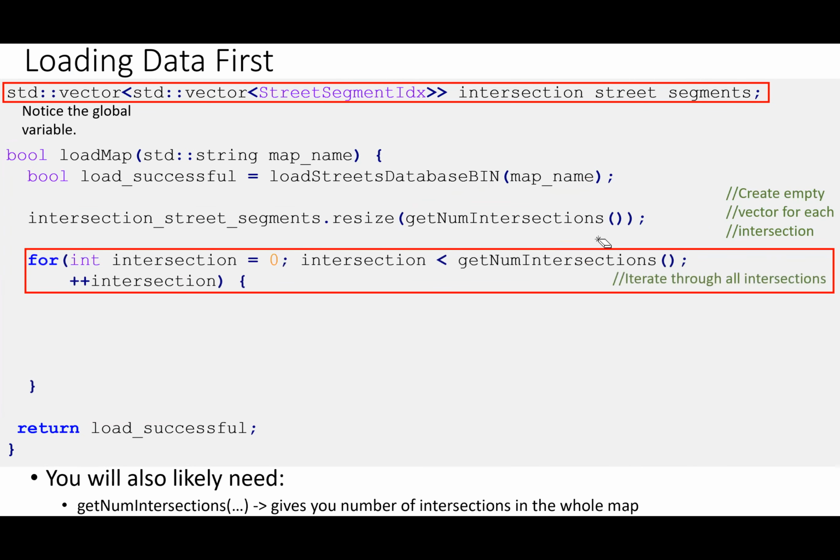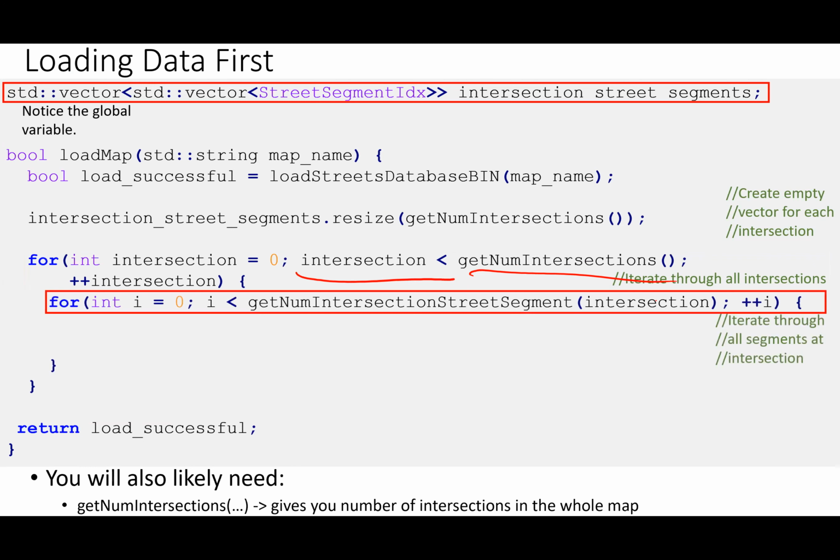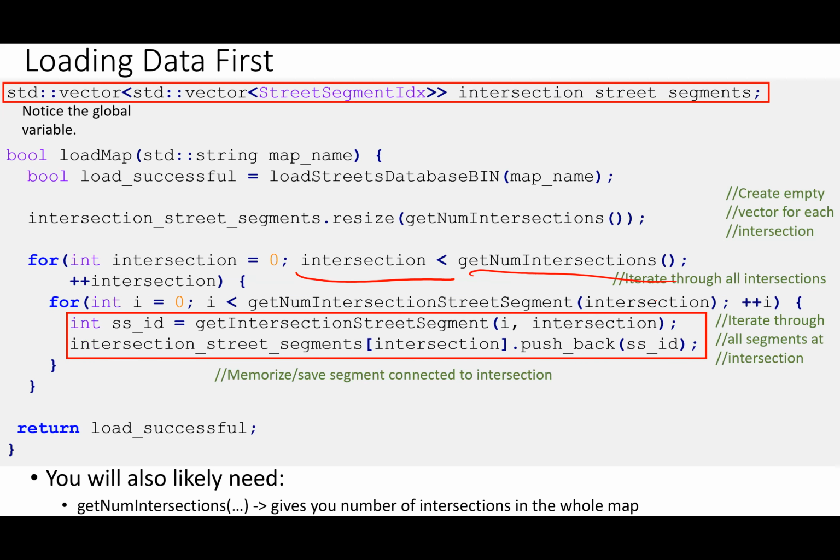Then I go through and say, for every single intersection, I'm going to do the code I just did. For intersection 0, tell me how many street segments there are, tell me what they all are. And I push back each street segment index that I just got in the appropriate vector. I'm using the square bracket operator to get the 0th vector, and then I'm pushing back all the street segments into it.